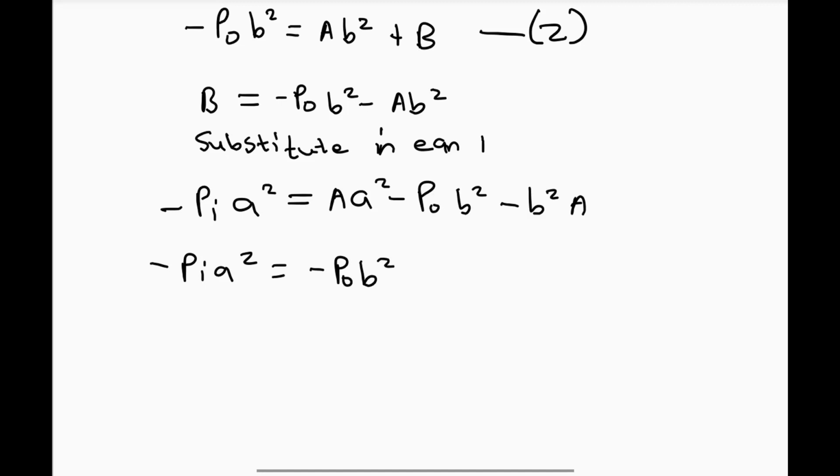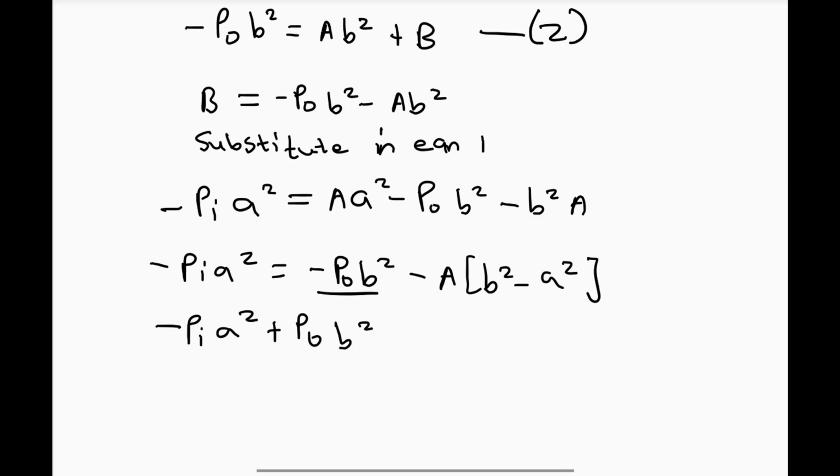So I'll first put A to the side. So I have negative. The reason I'm putting a negative is so that I can have b squared minus a squared, since b is greater than a, since b is the outer radius and a is the smaller radius. So the next thing is to put this term to the other side.